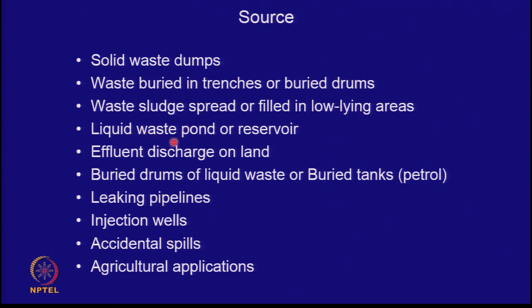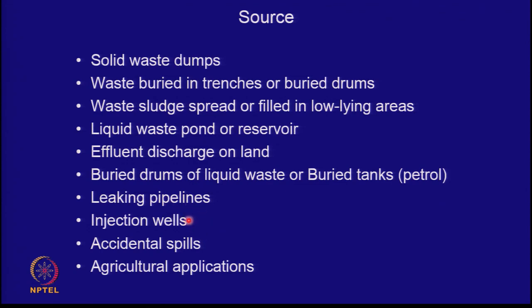You may have a liquid waste pond which is just leaking, or a reservoir. You may have a factory discharging its effluent in a no man's land adjacent to the wall. You may have buried drums of liquid waste. Here we are talking of buried drums of solid waste, or buried tanks which are leaking, like petrol tanks. We may have leaking pipelines.